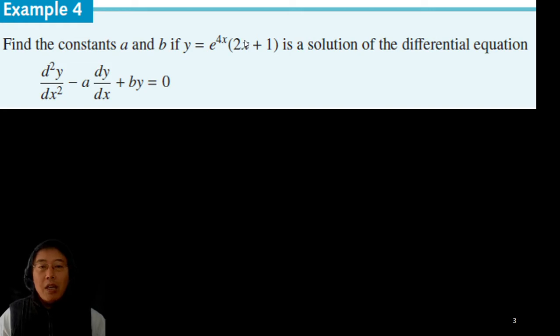You have a function y, and a differential equation that includes the y function defined above, the first derivative, and then the second derivative. So you will have to do two differentiations, substitute into your equation and solve for a and b.